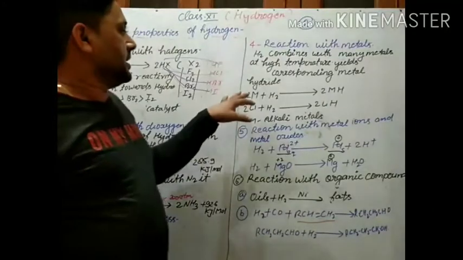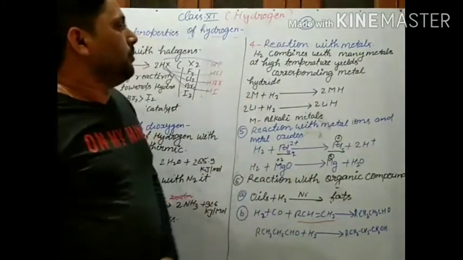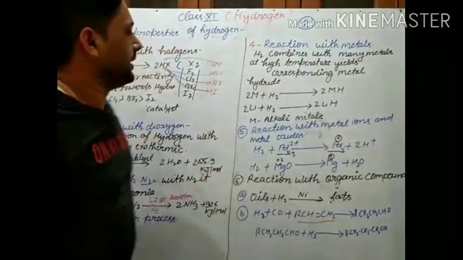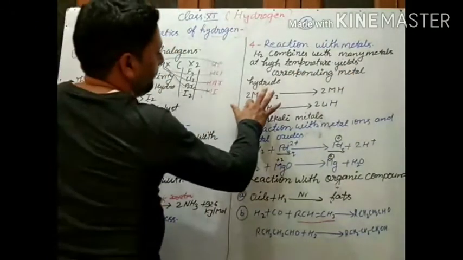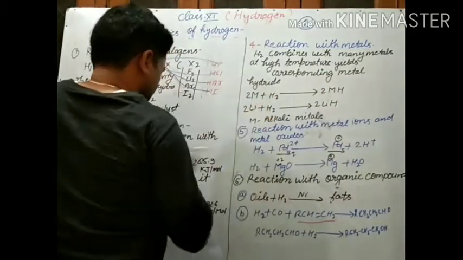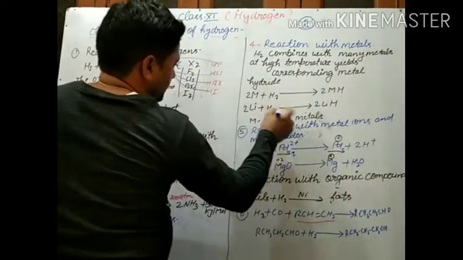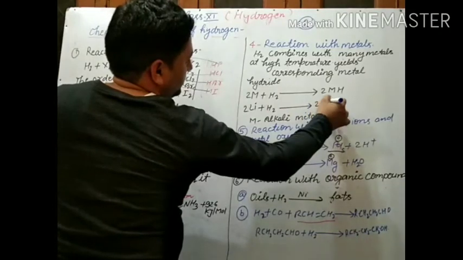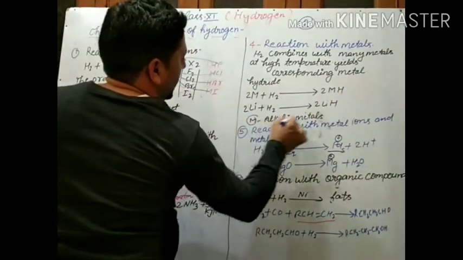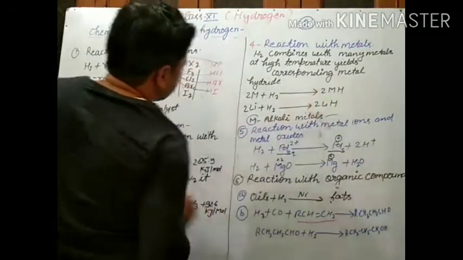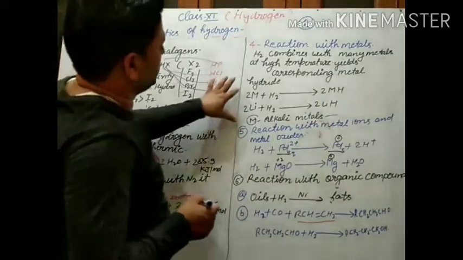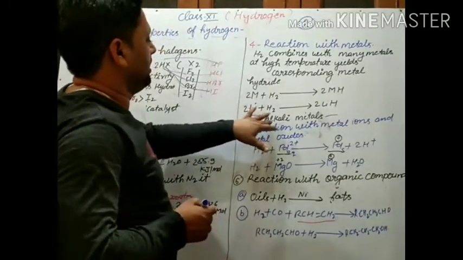So we can say that when hydrogen reacts with many metals at high temperature, it yields corresponding metal hydrides, like this: 2M plus H2 gives 2MH. Lithium plus H2 gives 2LiH, lithium hydride. Here M is alkali metals. It may react with alkaline earth metals also, but in maximum cases, here it is taken as alkali metals.